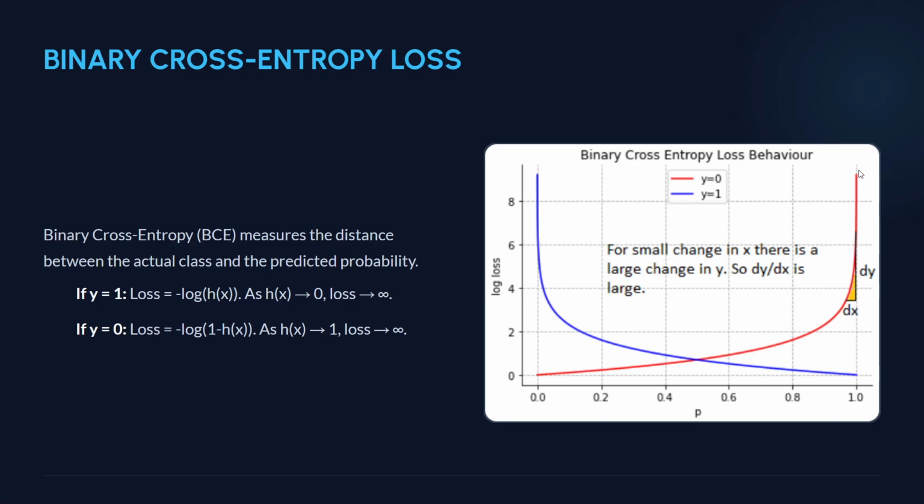When you move towards probability equals 1, the loss for y equals 0 increases, and the loss for y equals 1 decreases. At every point, this tries to balance it. So we have to find the exact point where the likelihood is maximum.